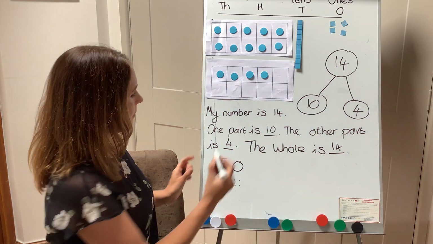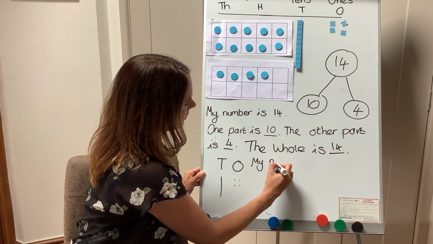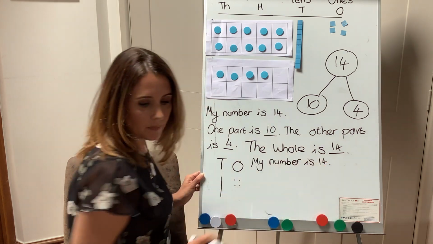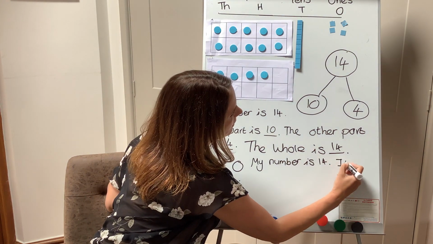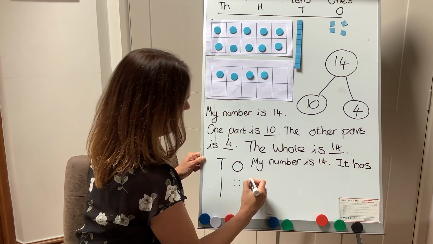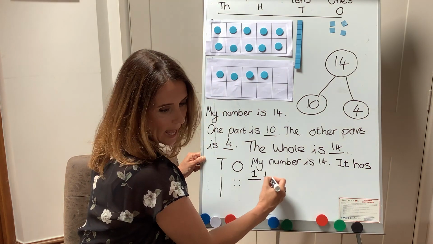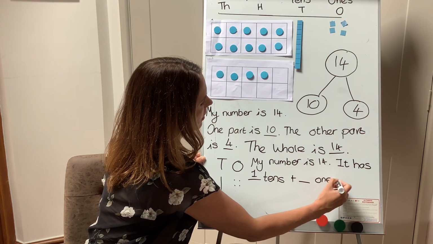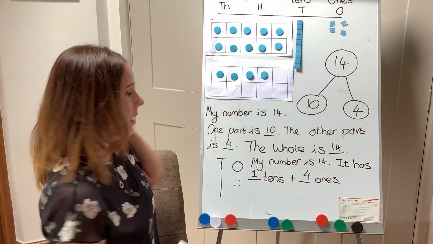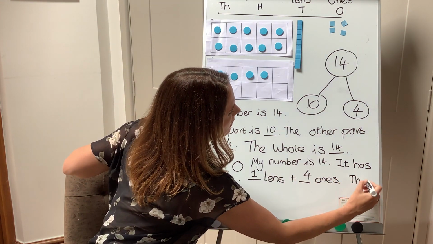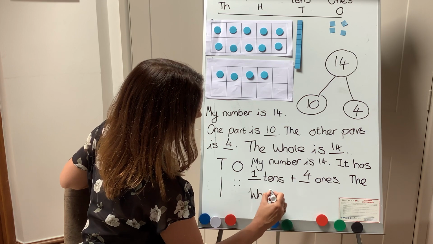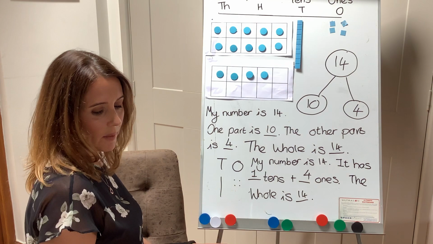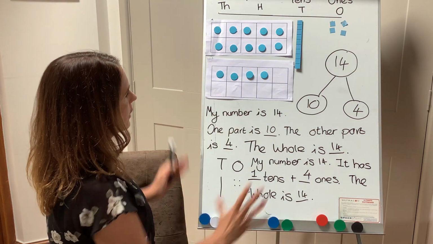We can also say my number is 14, it has 1 ten and 4 ones. The whole is 14.